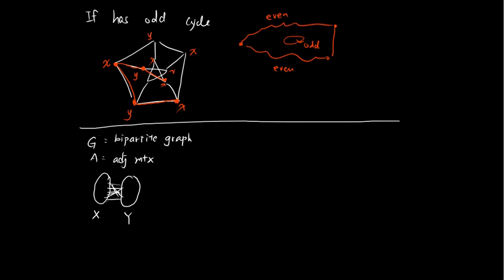So we can partition the matrix into this form such that the first few rows correspond to X, and the last few rows correspond to Y. And you know the ones in the adjacency matrix are the notation for the edges, but there are just no edges in between. So X to X is just a 0. And if you want to emphasize the size, it is the 0 matrix of cardinality |X|.